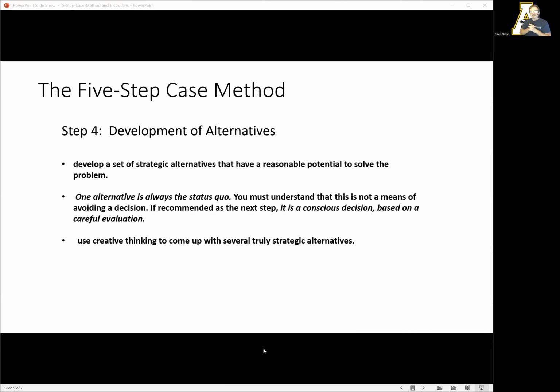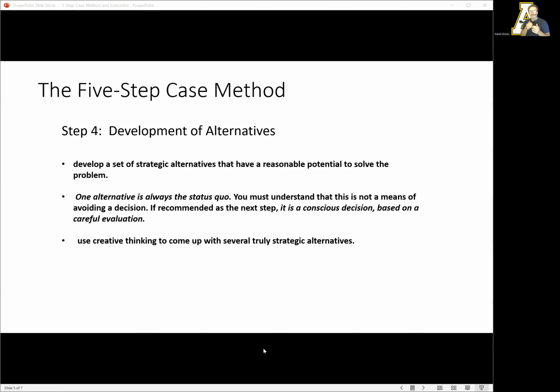When you develop a set of alternatives, remember that they have to have a reasonable potential for solving the problems, which means that if it is a big problem, you can't use a small solution. And remember always that the small issues can be addressed in a tactical way, but the big issues will require a long-term strategic focus. One alternative is always the status quo.